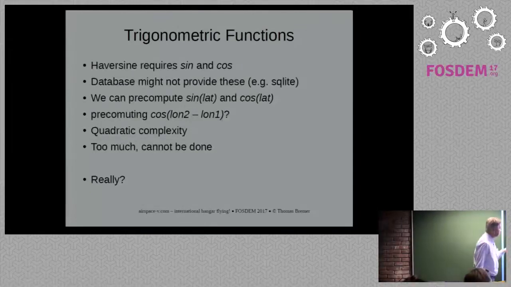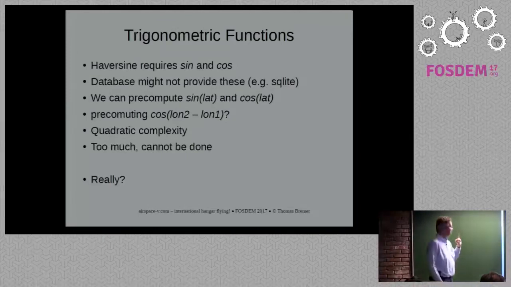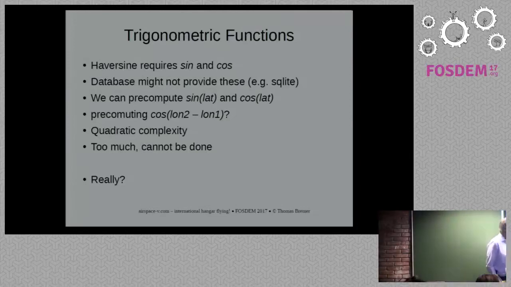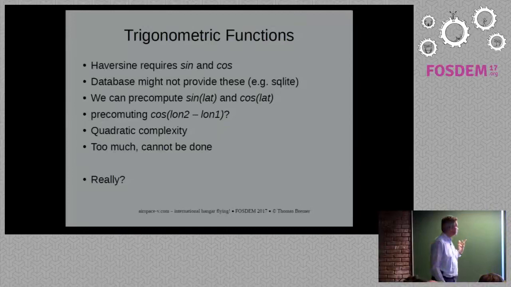But there is this term of the cosine of the difference of two longitudes. To put these into a table, you have to put it into a table for each combination you have in the database. So this means you get quadratic complexity.